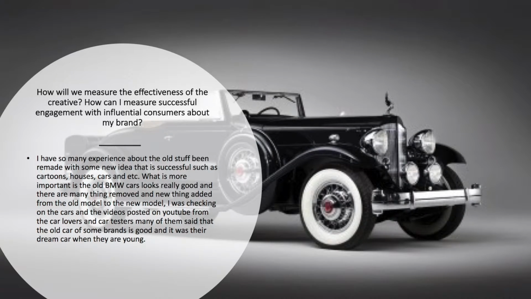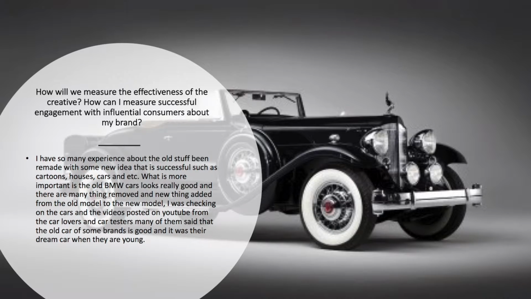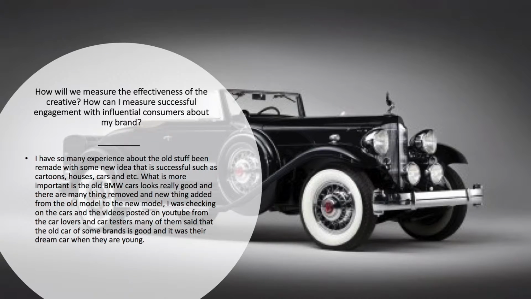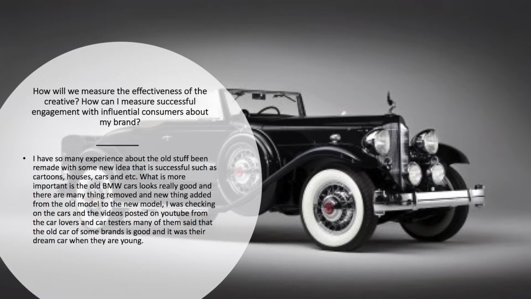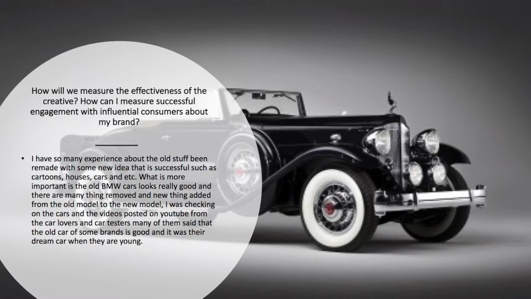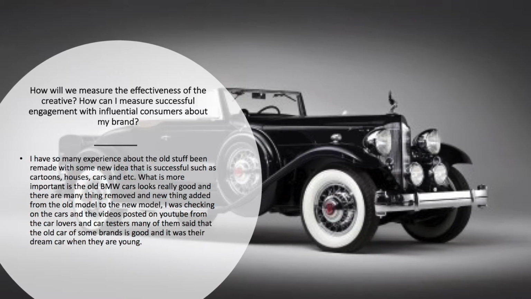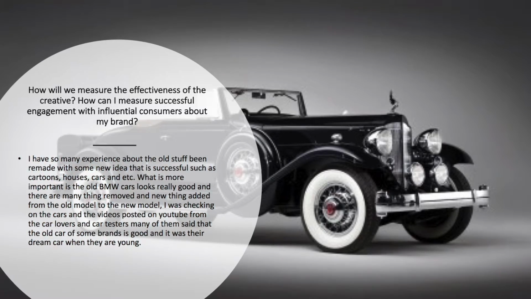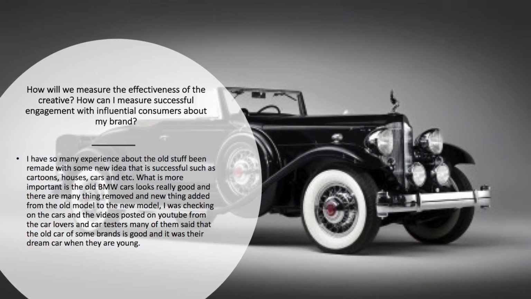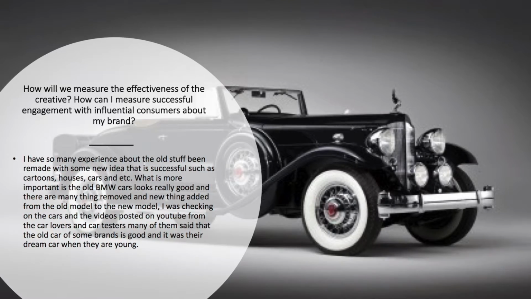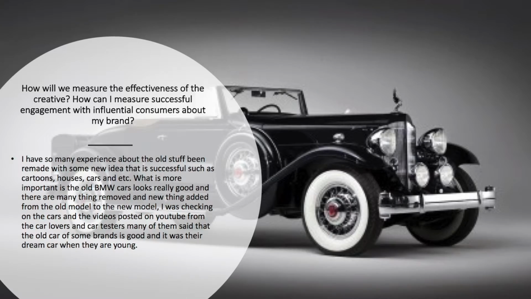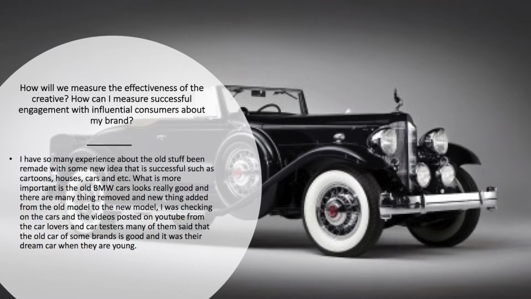My next point in the presentation will be how we will measure the effectiveness of the creative. How can I measure successful engagement with an influential customer about my brand? I have seen many examples of old things being remade with new ideas, and that is successful, such as cartoons, houses, and cars.